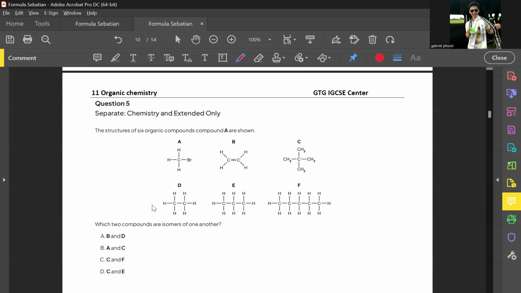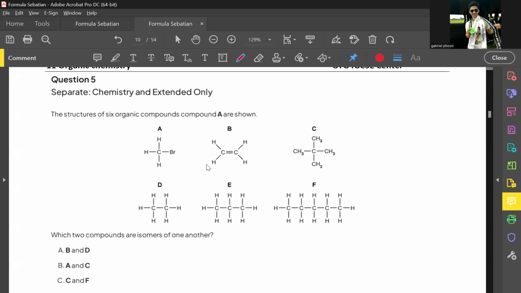And this question, for some reason, some of you guys were struggling with this. Count the symbols. You mean the carbon atom? Yeah, you could literally just count which one has the same amount of carbon because they are looking for isomers, right?